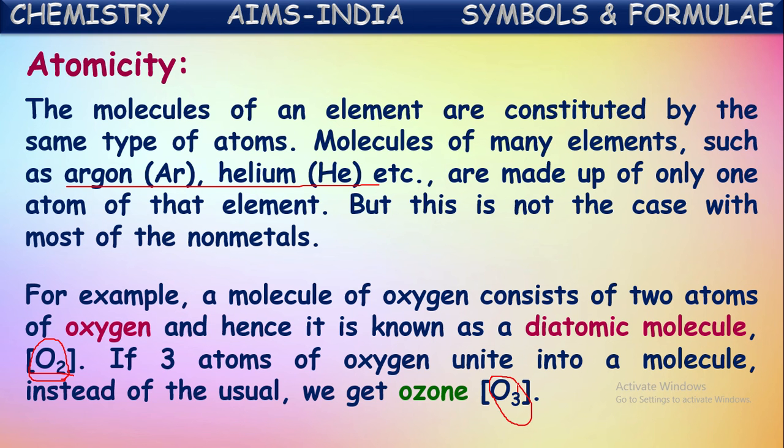This is called ozone. So here ozone constitutes three atoms of the same element oxygen. As there are three atoms in the same molecule, it can be called a triatomic molecule. So in this way, the number of atoms in the molecules differs from one element to another element.